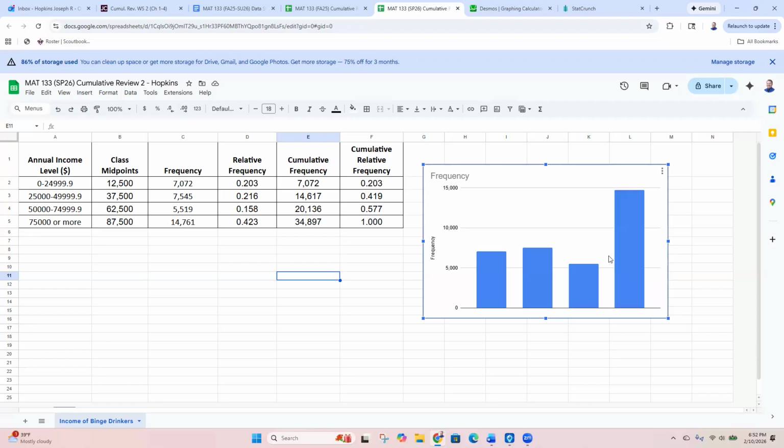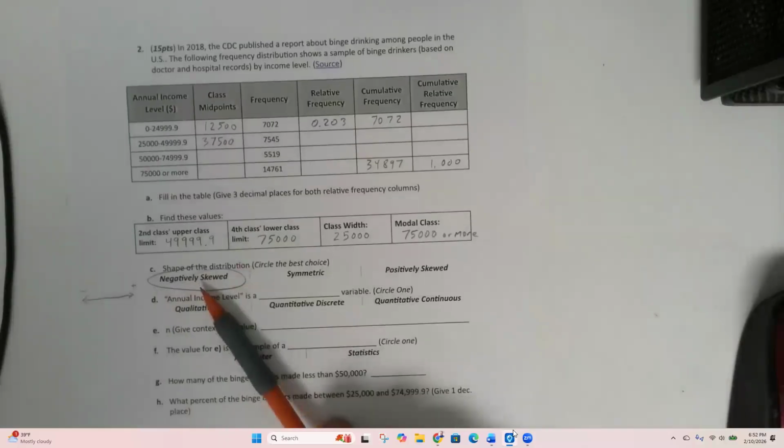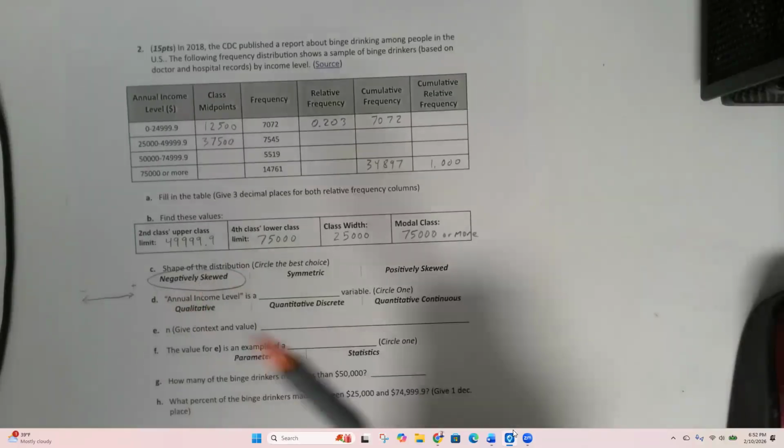But if you lump them too soon, you screw up what the shape is supposed to be. Anyway, we'll leave it at skewed negative, even though that's not what it should have been.